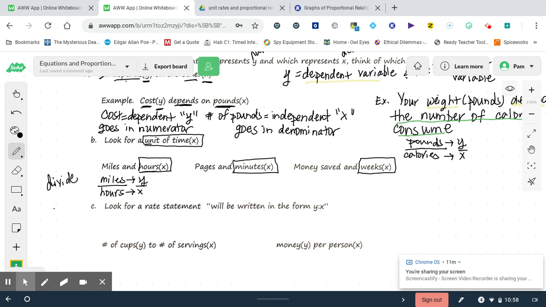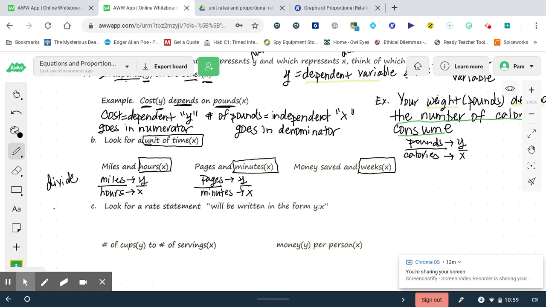Y divided by x. All right, pages and minutes. If minutes is x, that means pages is y. So you would set this up as pages divided by minutes. Pages is your y and minutes is a unit of time, our x. So it'll be y divided by x there.